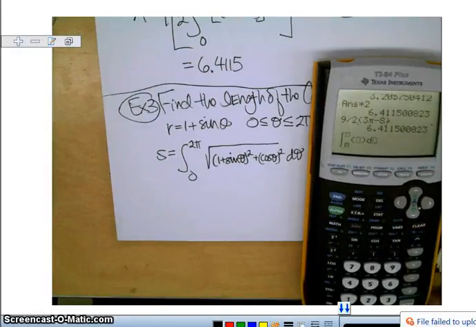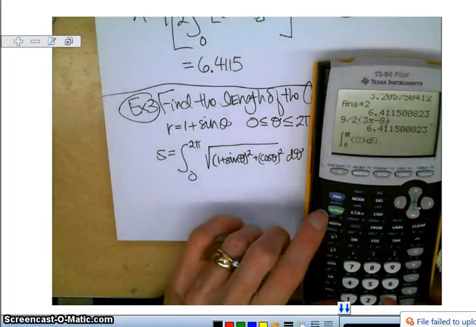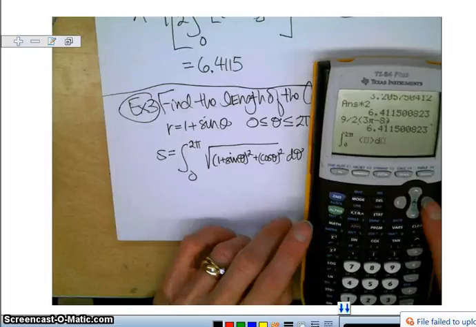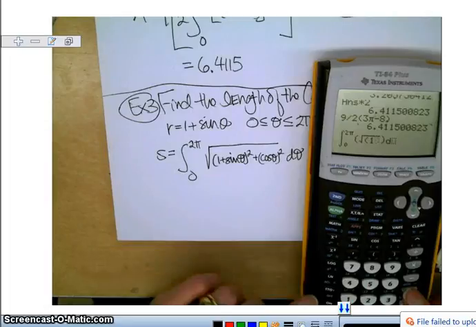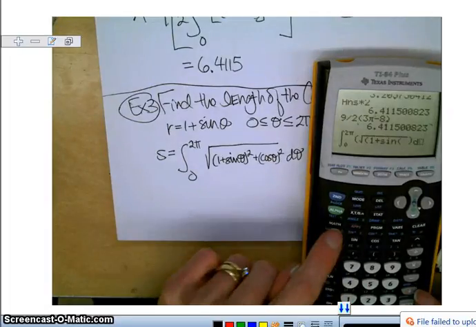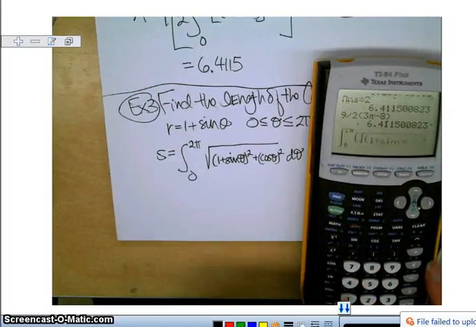If anyone needs a calculator, if you want to use one for now, okay. 0 to, okay, second square root, begin parentheses, 1 plus sine of theta, quantity squared.